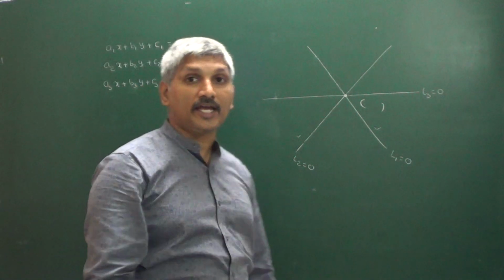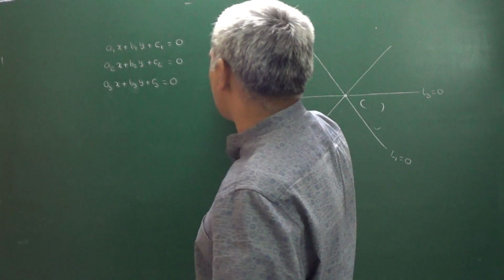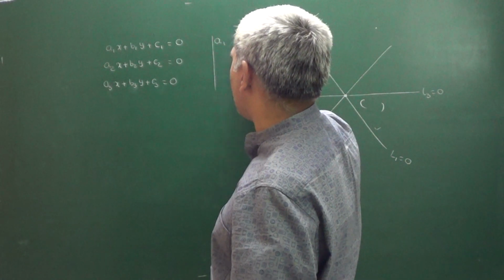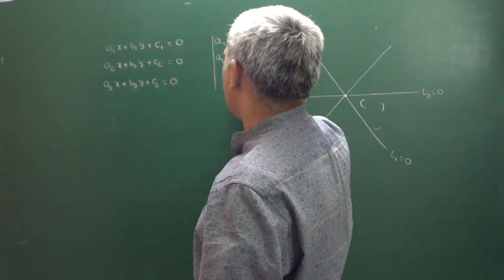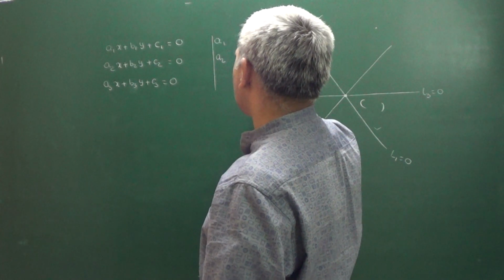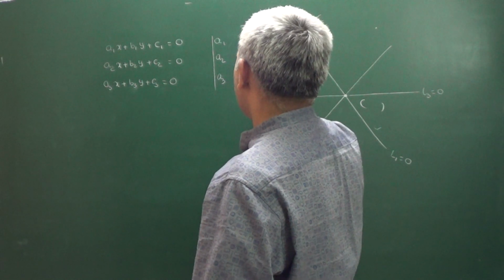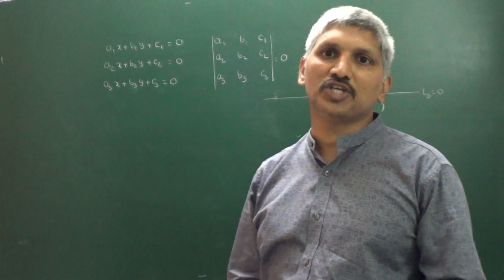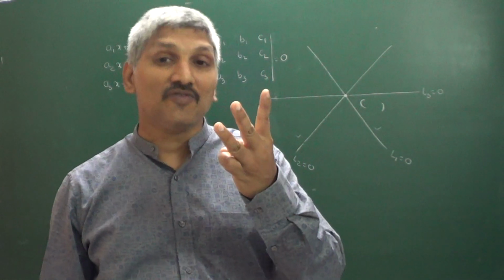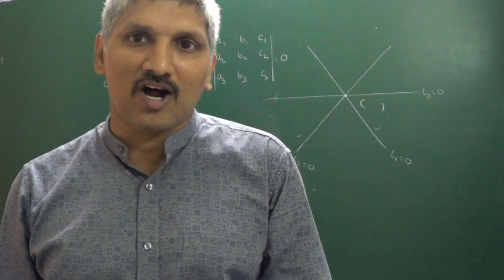If these three lines are concurrent, the determinant with rows a1, b1, c1; a2, b2, c2; a3, b3, c3 must be equal to 0. Right? So these are the three ways we can check whether the given lines are concurrent or not.